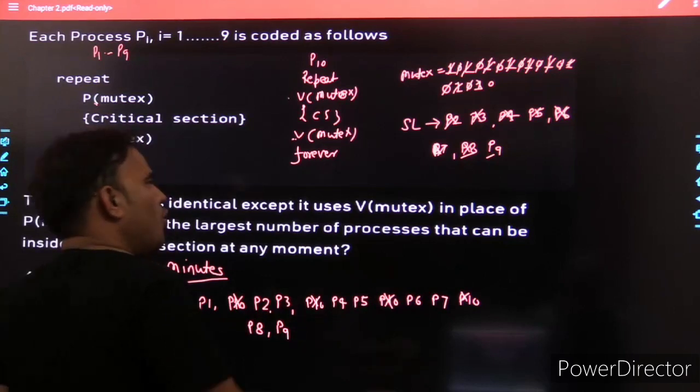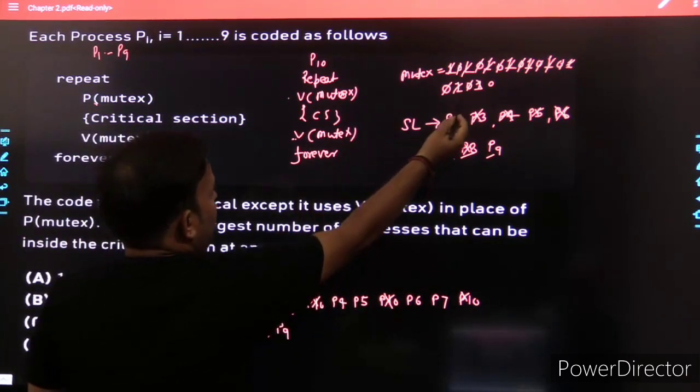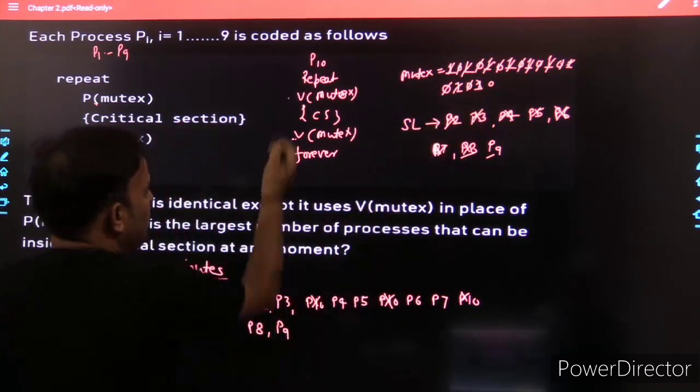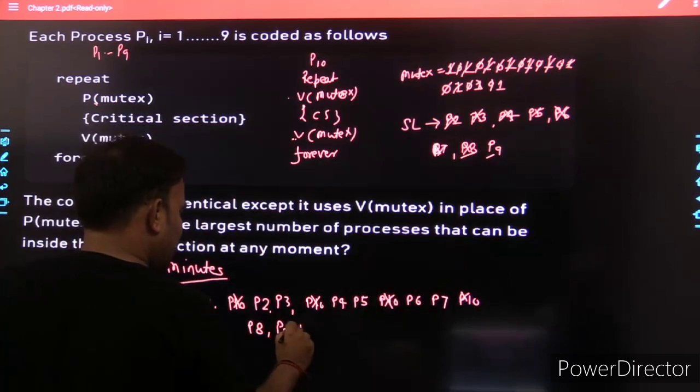Now again, when P10 wants to come into the critical section, the mutex value is 0, so it will make this 1 by performing the up operation.